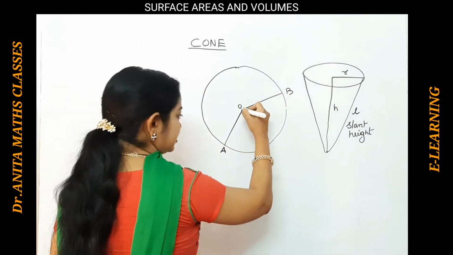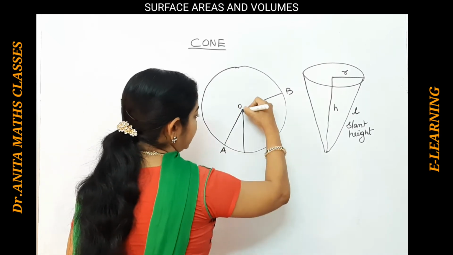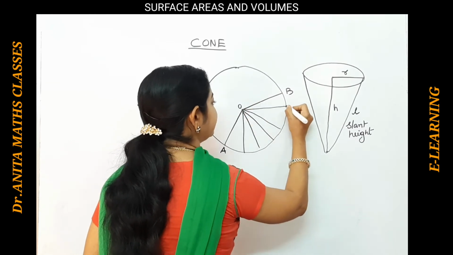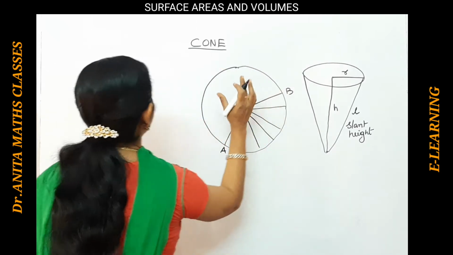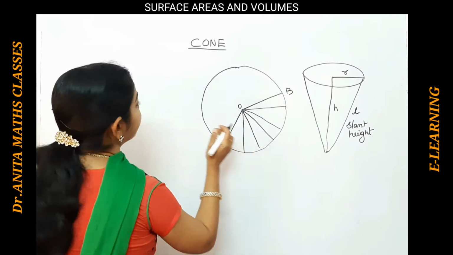Now I have told you that this is a sector. If you are taking some part, this is a minor sector, this is a major sector. So if you divide the sector into a few parts, now I want to find the area of the cone. If you take this part and join A and B, you get a cone, isn't it?